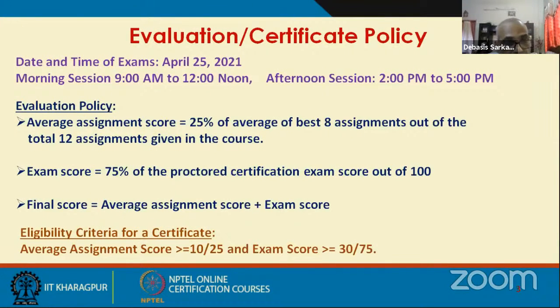And there is an eligibility criterion for the certificate. So there are restrictions on the scores on both the average assignment score as well as the exam score. To be eligible for a certificate, you must get 10 or more out of 25 for the average assignment score. Similarly, you must get 30 or more out of 75 in the exam score. Note that both conditions must be met.